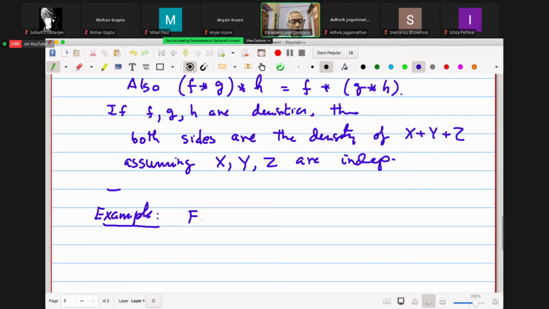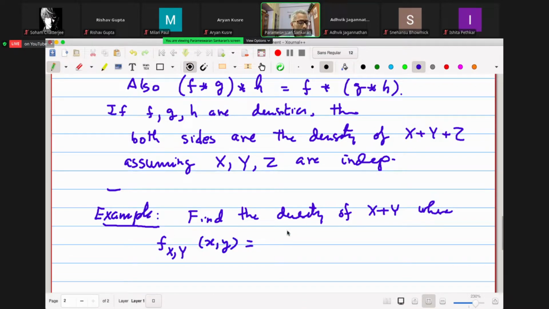Find the density of x plus y, where f of x comma y of x comma y is equal to one half of x plus y times exponential of minus of x plus y.